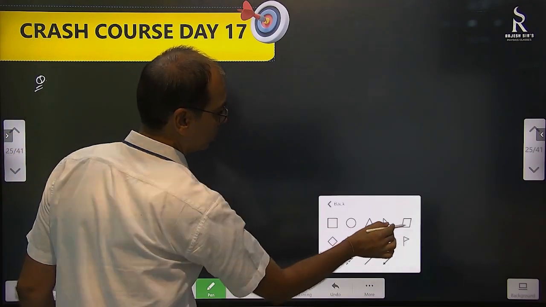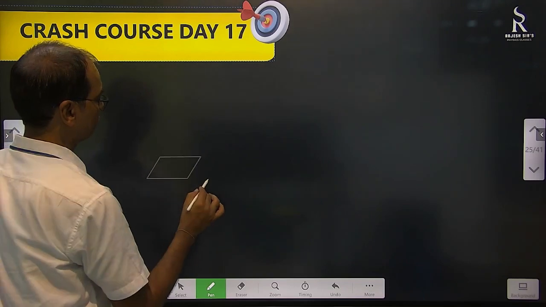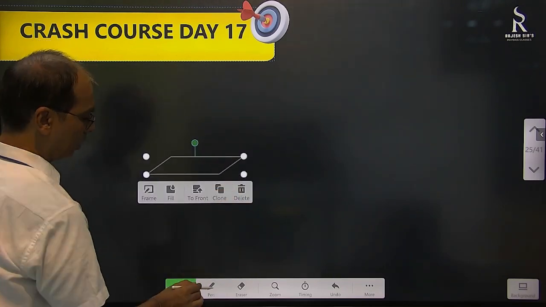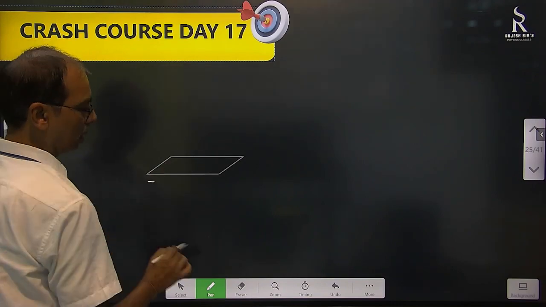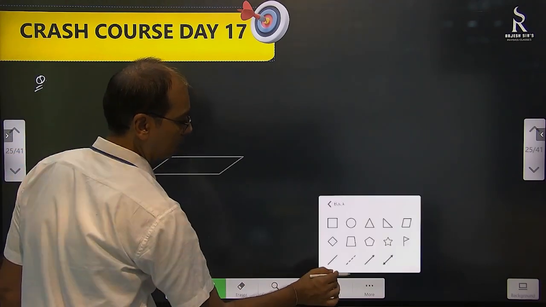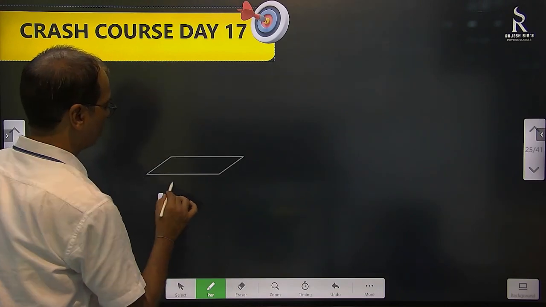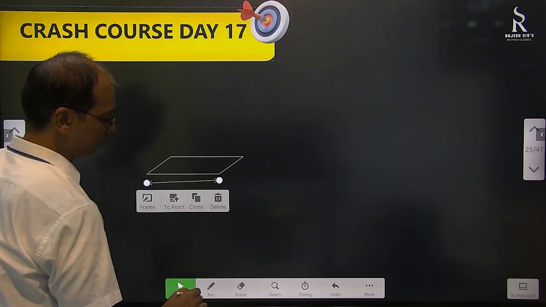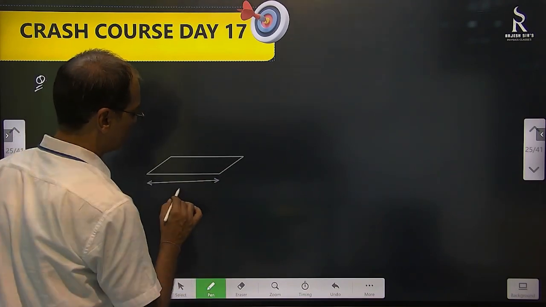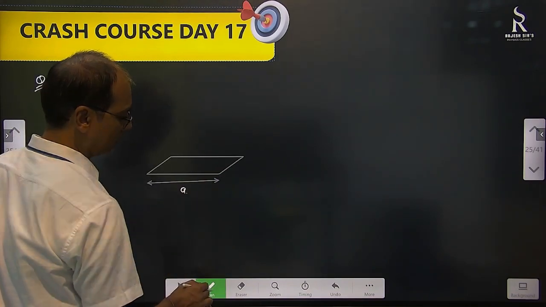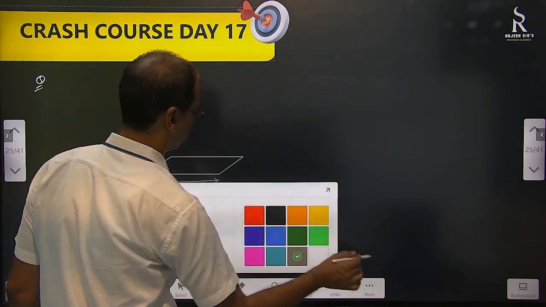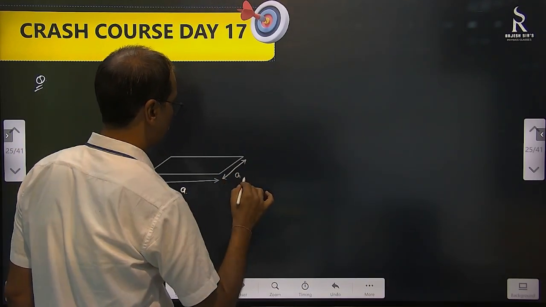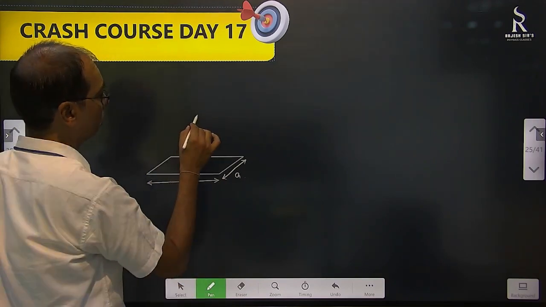So what we will do: this is one plate, and its sides, you can say this is A, and that is also A. The other side is also A, this is A, and this is also A. And we have kept charge Q here.